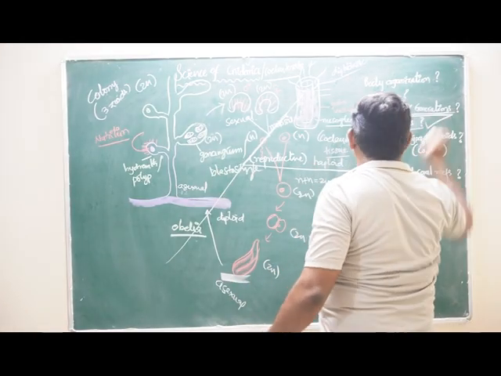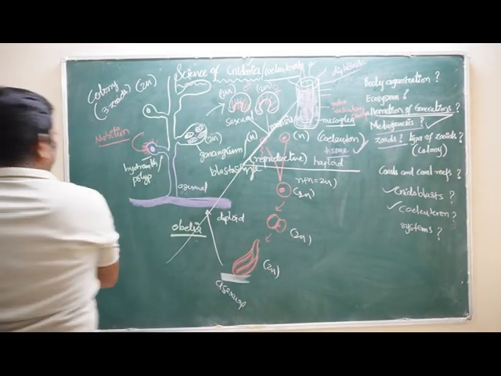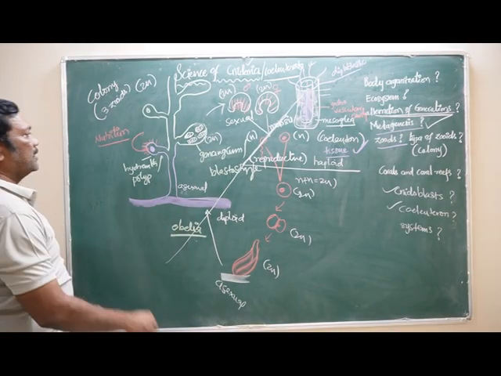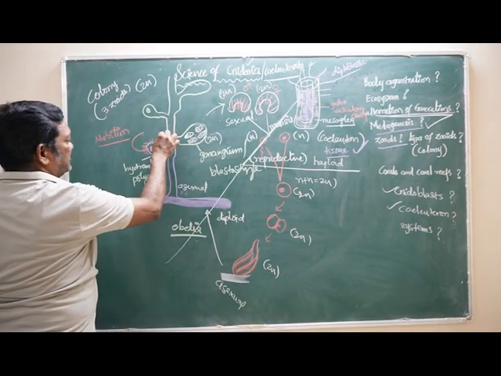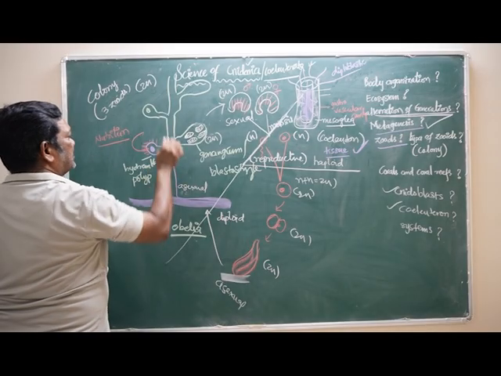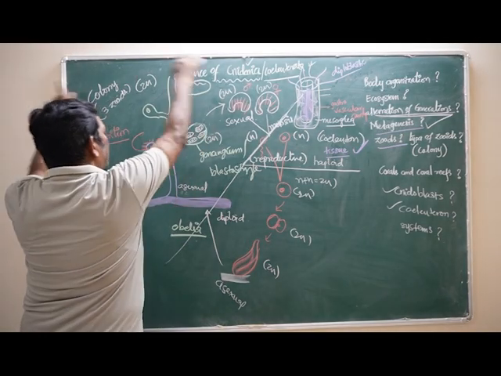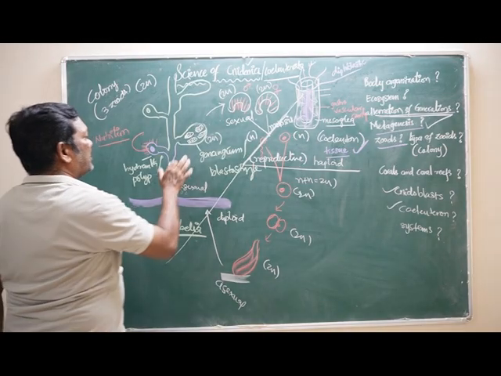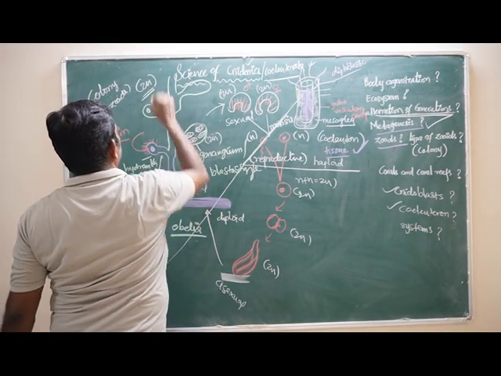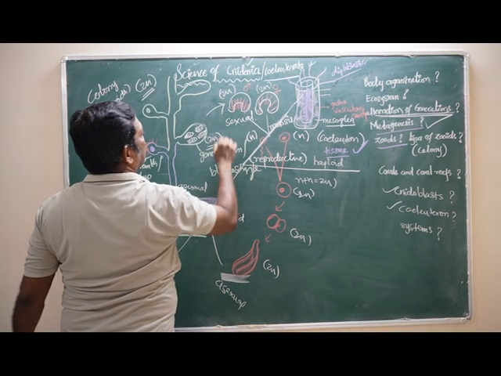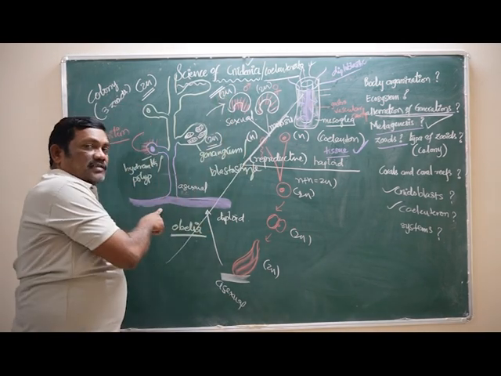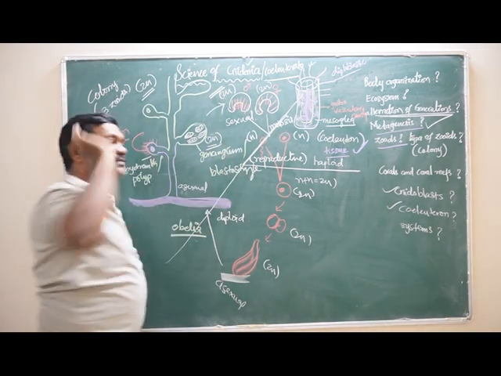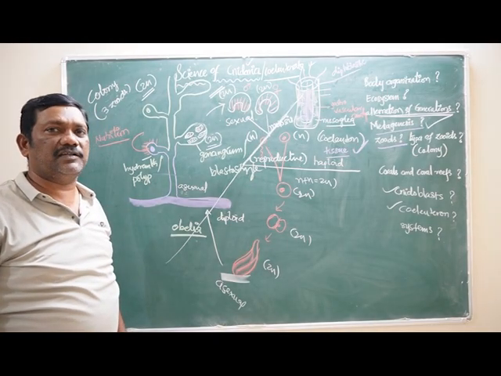Then what is metagenesis? Meta means big. This adult organism, polyp, hydranth, gonangium, medusa, all the zooids in this gonangium are in diploid state. Isn't it? Diploid state. This asexual form, these sexual forms are also in diploid state.